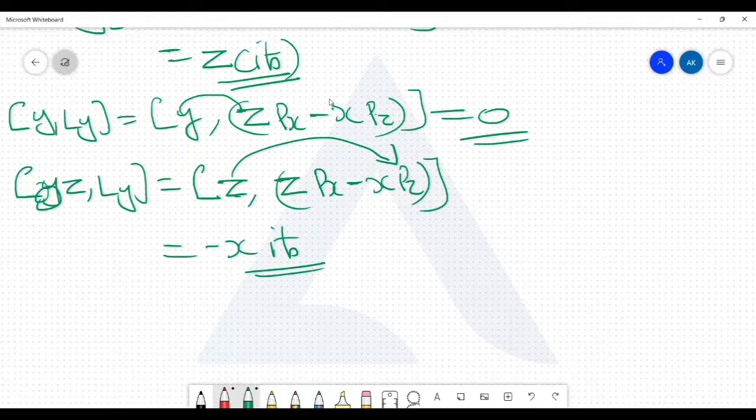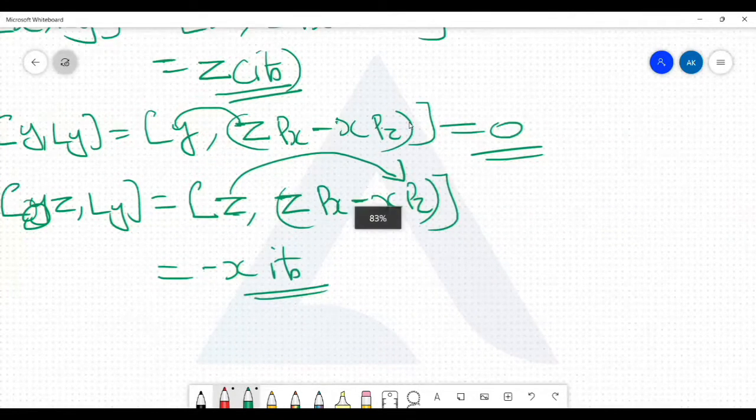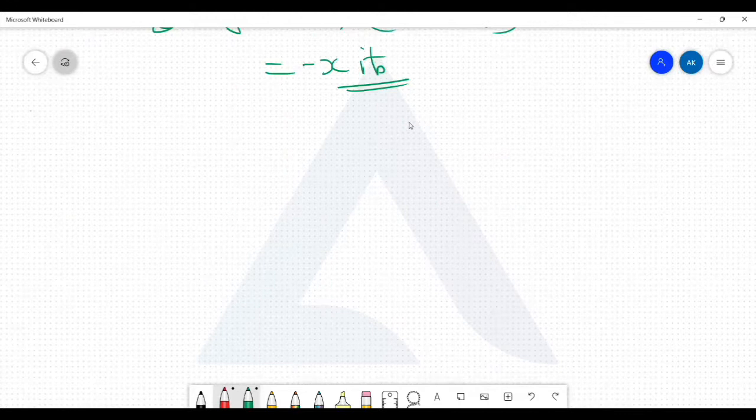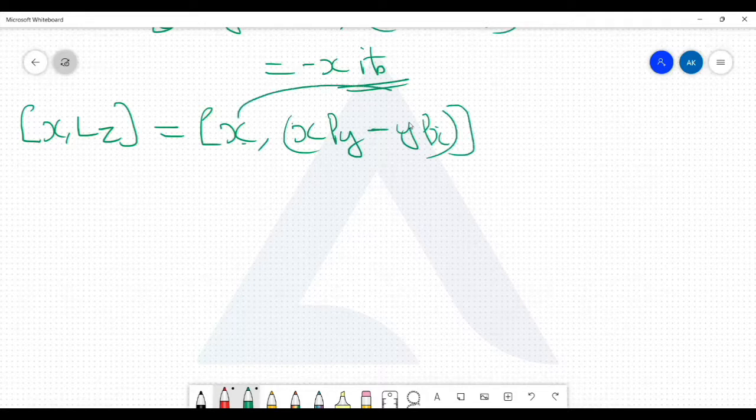Now you have considered L_y also. Now we have to move to the L_z term. First x with L_z, that is x with x p_y minus y p_x, your L_z. So x with the p_x term is non-vanishing. Therefore, minus y, x with p_x is iℏ.